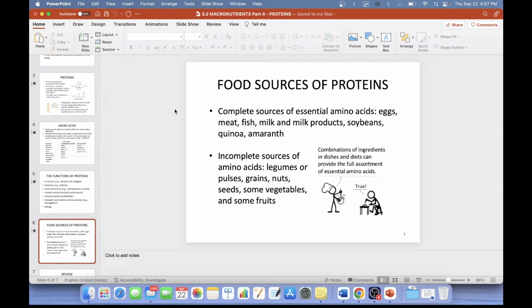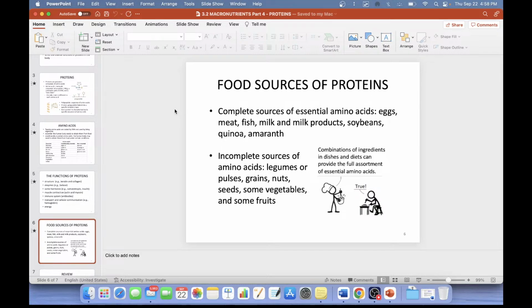Grains, wheat, corn, rice, amaranth, and others are grains, good sources of proteins, nuts, seeds. Some vegetables are also good sources of vegetable proteins, and some fruits. So, combinations of ingredients in dishes and diets can provide the full assortment of essential amino acids.